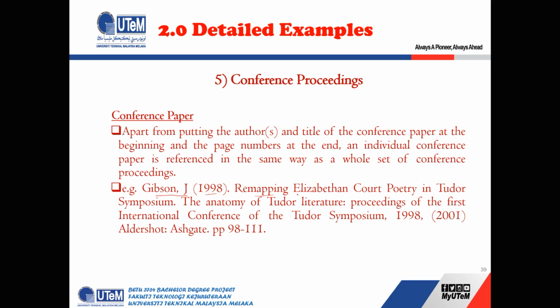Then the title, Remapping of the Tudor Symposium, The Anatomy of Tudor Literature. Then this is the name of the conference, proceedings of the first international conference of the Tudor Symposium 1998-2001. Aldershot, Ascot, pp., this is the place and the page numbers.